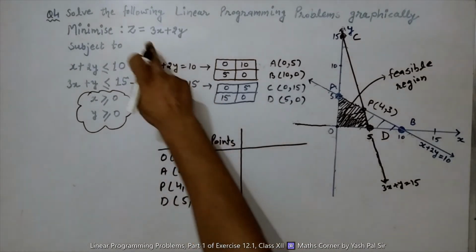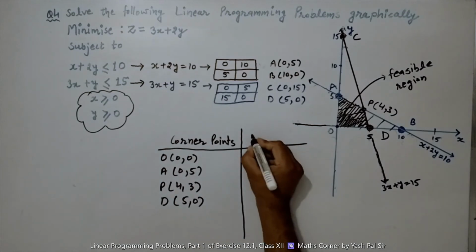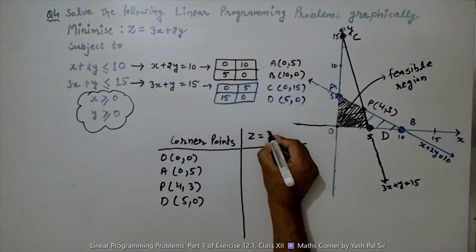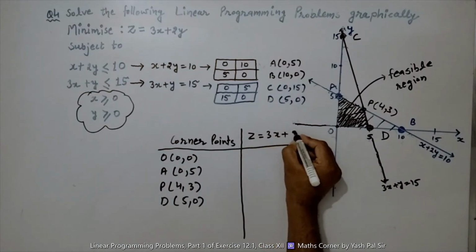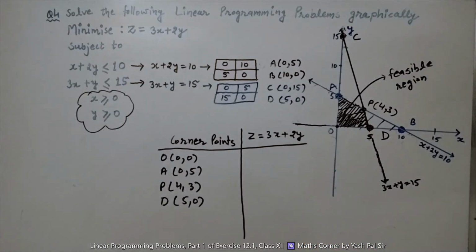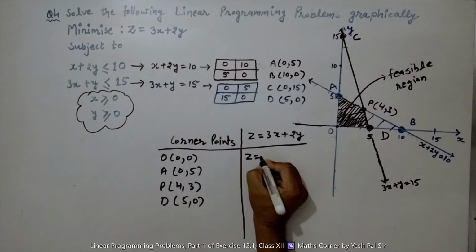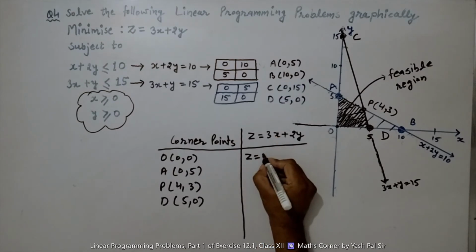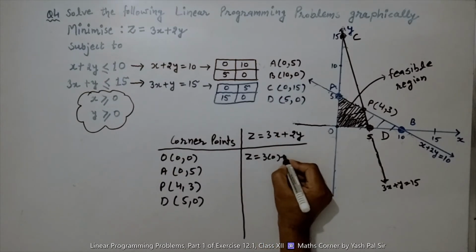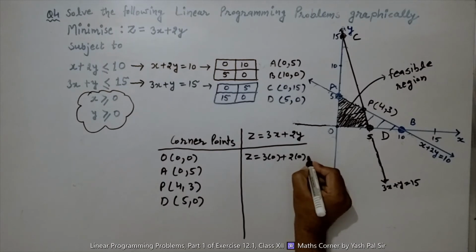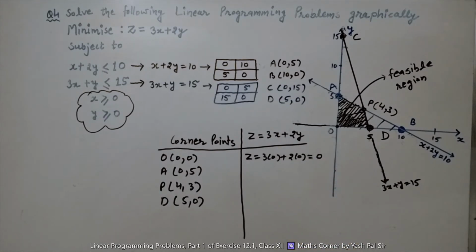We substitute these coordinates in the objective function z is equal to 3x plus 2y. So the first value of z, put x is equal to 0, 3 into 0 plus 2 into 0, answer is 0.